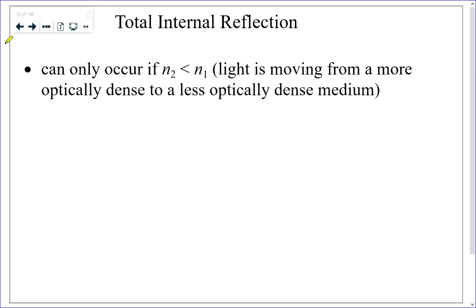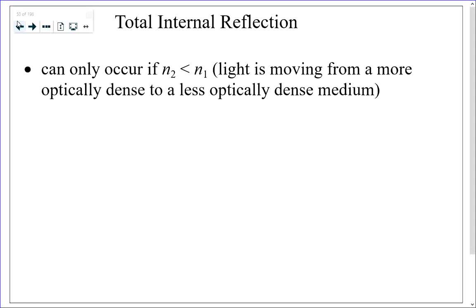Total internal reflection. First of all, this can only occur if the index of refraction of the second medium is smaller than the index of refraction of the first. That means it's going from some medium into a less dense medium. So light traveling from water to air has the opportunity of undergoing total internal reflection.